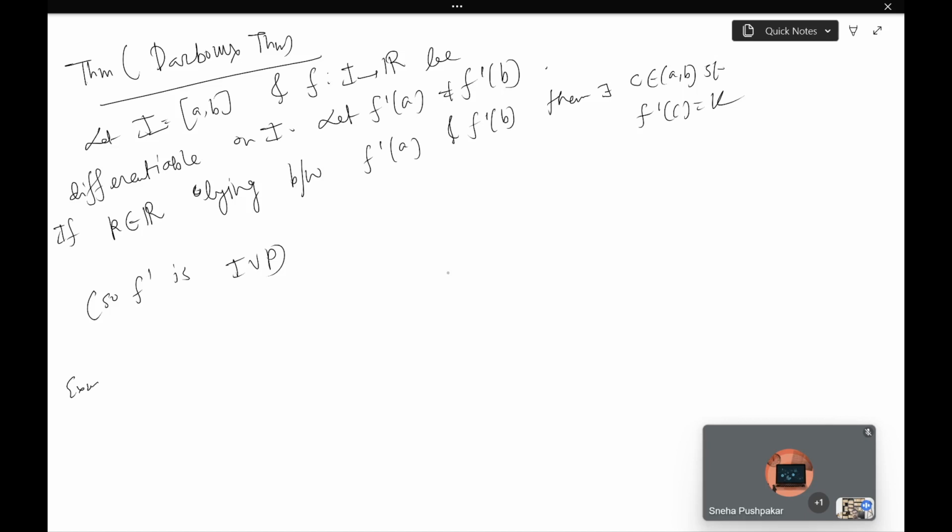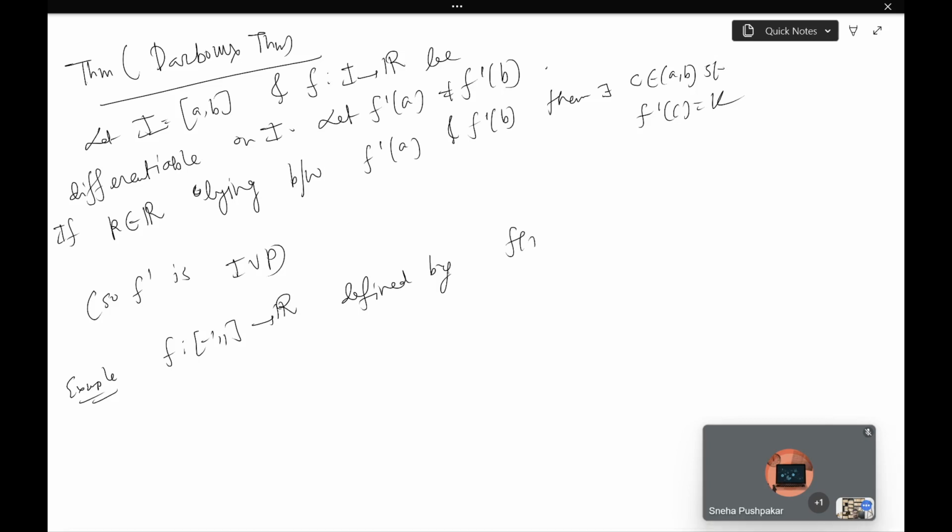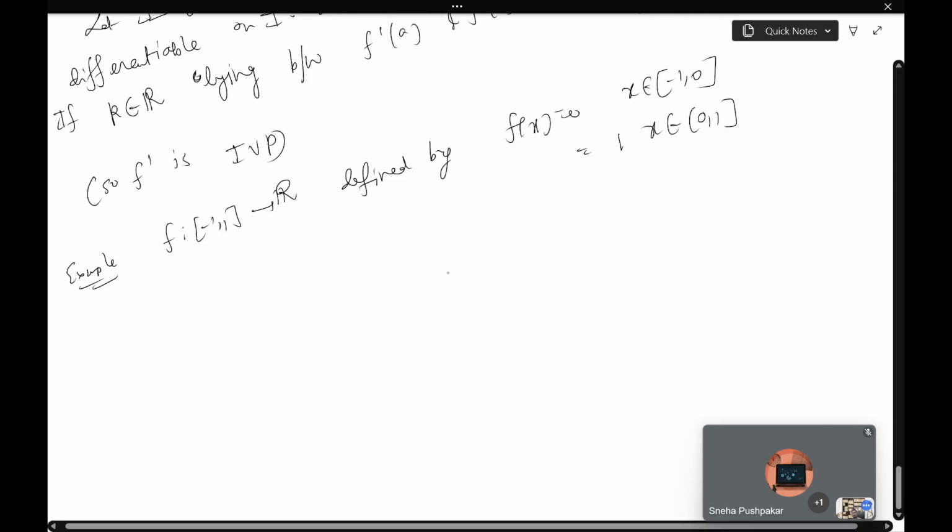So consider one example. Let f from [-1, 1] to R be defined by f(x) equal to 0 for x in [-1, 0], and 1 for x in (0, 1].